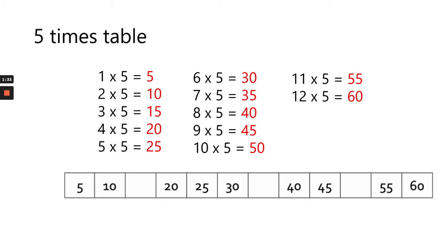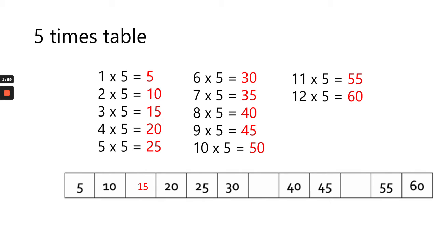We can check this when we complete our number line. So let's take a look. 5, 10. What number will come here and what does it end in? 15, and that ends in a 5. Well done if you spotted that. Let's count on. 5, 10, 15, 20, 25, 30.